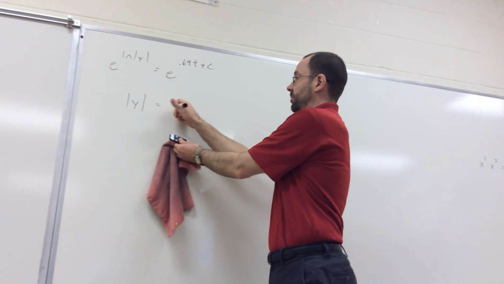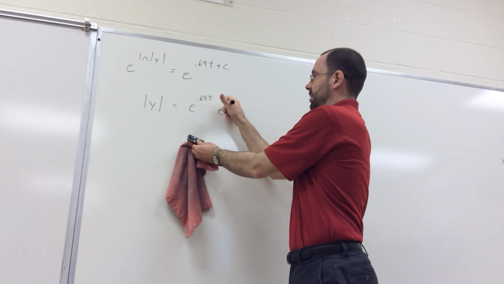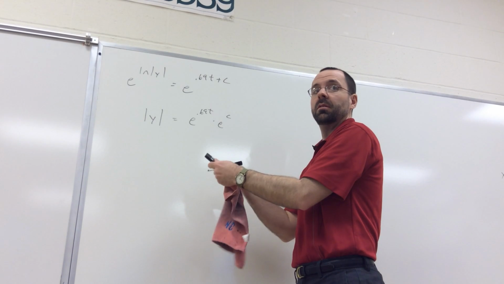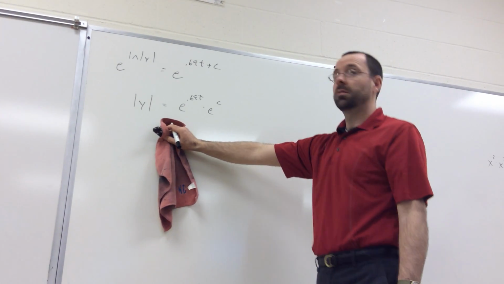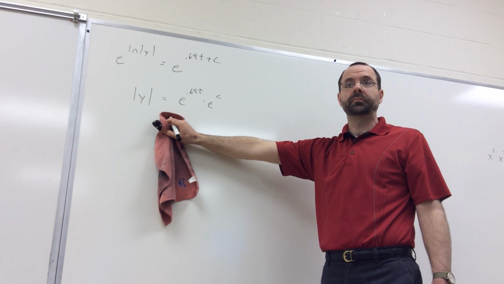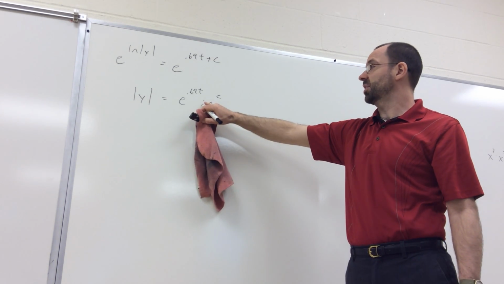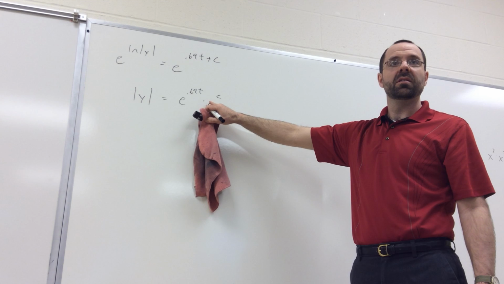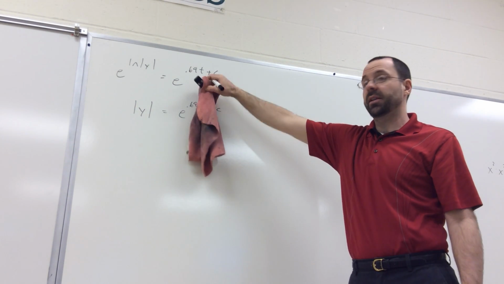So I can split that up and write e to the 0.69t times e to the c. So it would be tempting to put a plus sign there, right? It's not accurate if you put a plus sign there. Watch out for that.